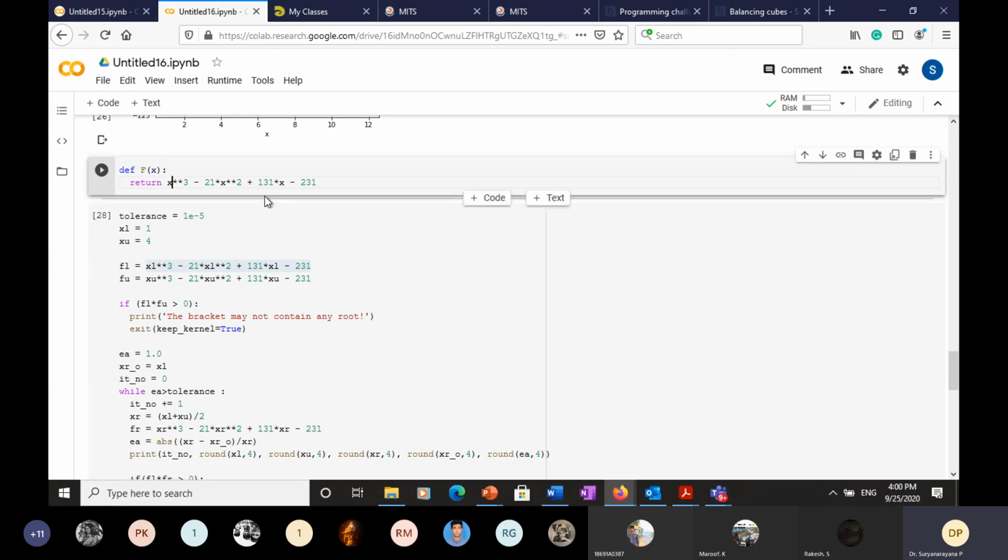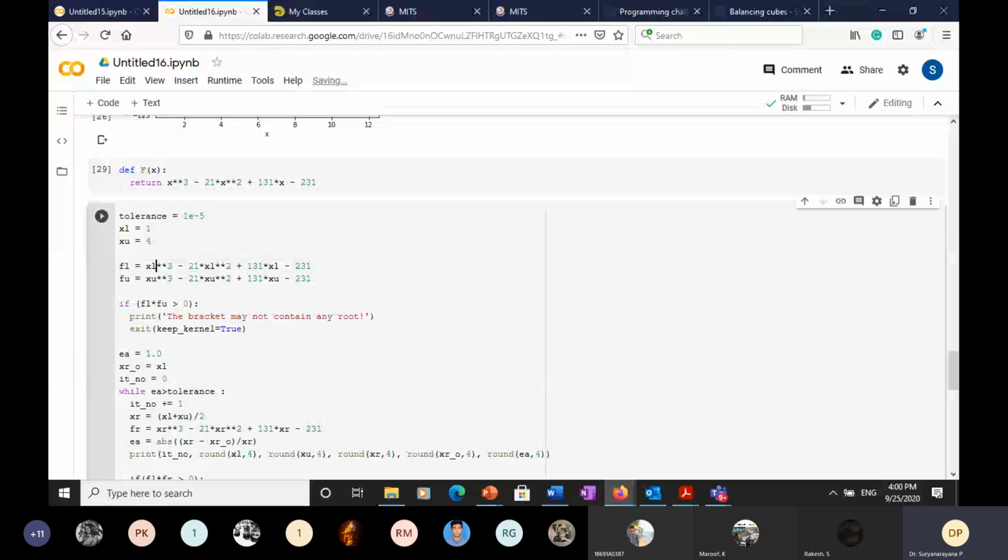For the expression that I have, I've written a separate function. I'm calling it f. Now I don't have to write all this. I simply have to write f of xl.